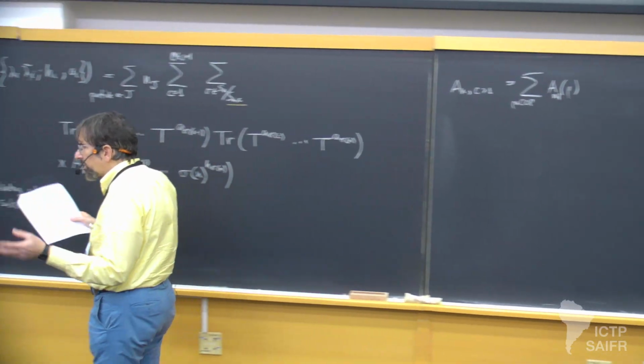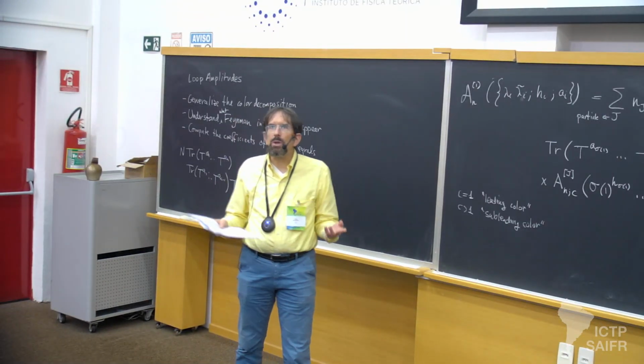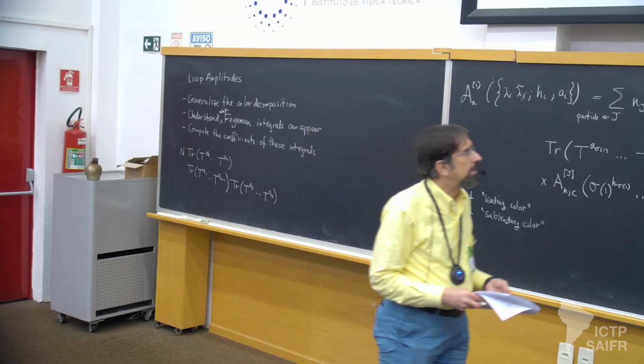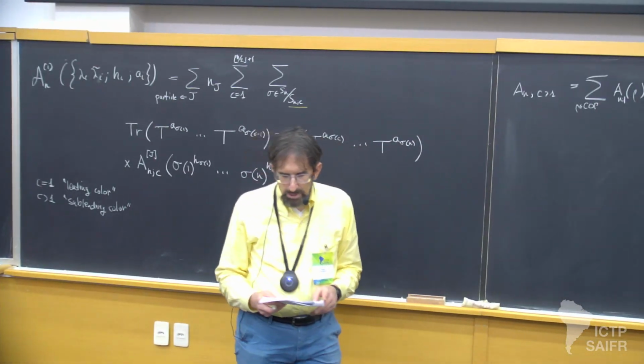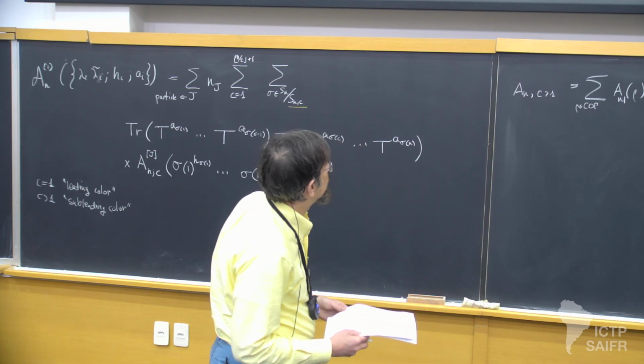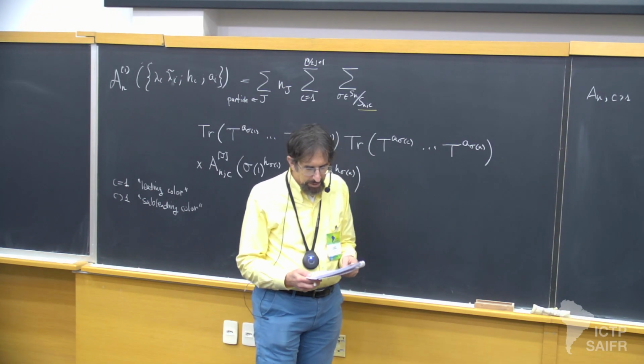So once we've computed the leading color contributions, then just by doing algebra, we get the subleading color contributions for free. And that's very special to one loop. Beyond one loop, you really need to calculate these things independently.